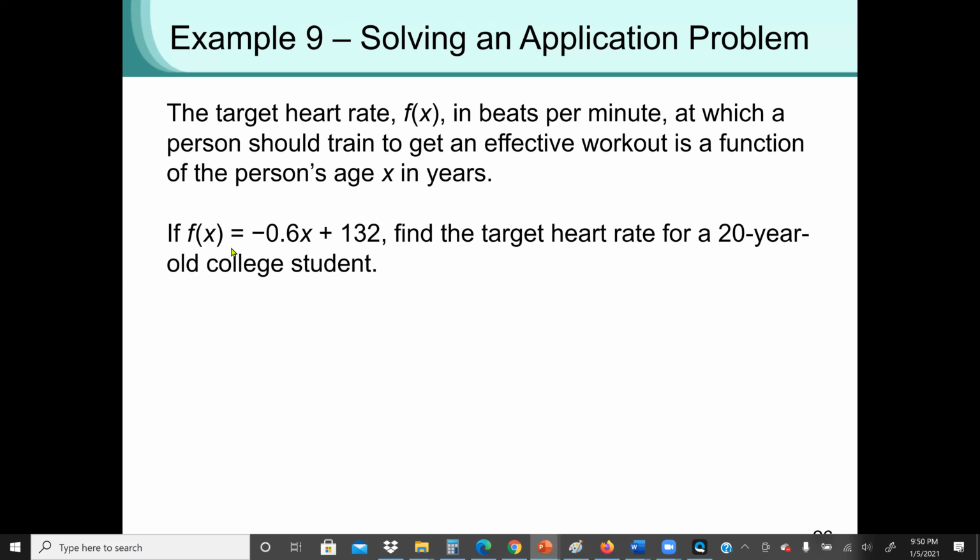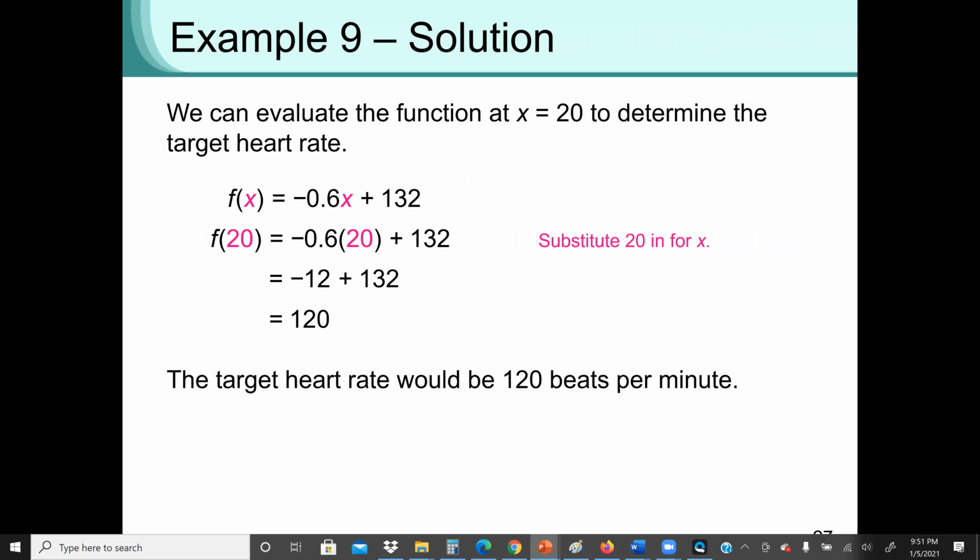If f at x equals negative 0.6x plus 132, we should find the target heart rate for a 20-year-old college student. So x represents our years, and our answer will be negative 0.6 times 20 plus 132.